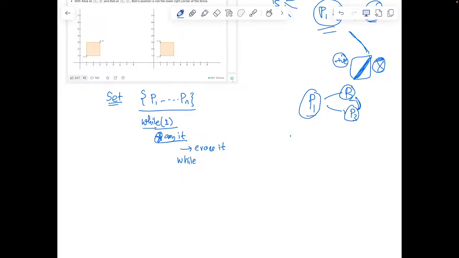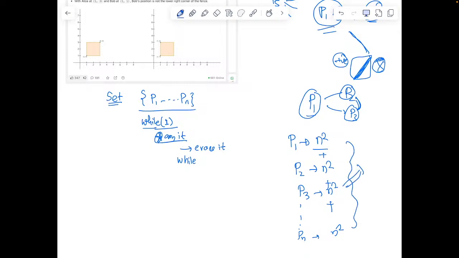So what I'm saying is that for P1 we have n square, for P2 we have n square, P3 we have n square, and likewise for Pn we have n square iterations, like solutions. When we add these, the time complexity comes out as n cube.